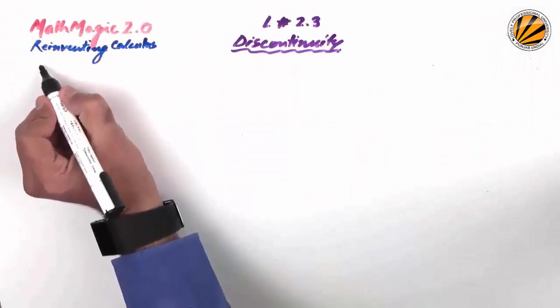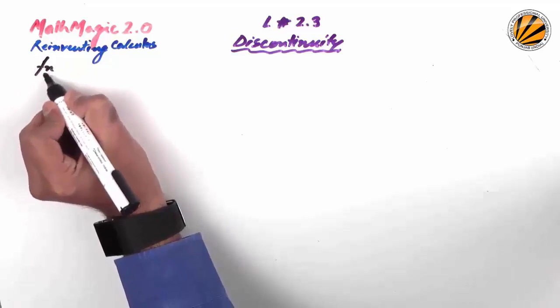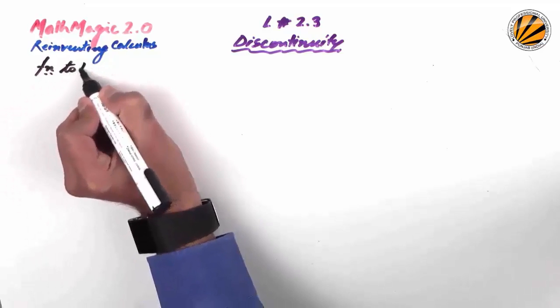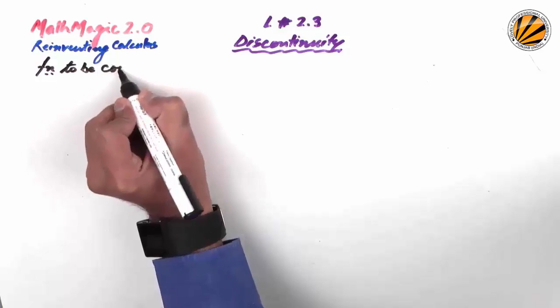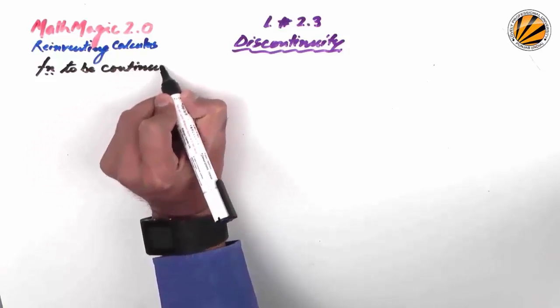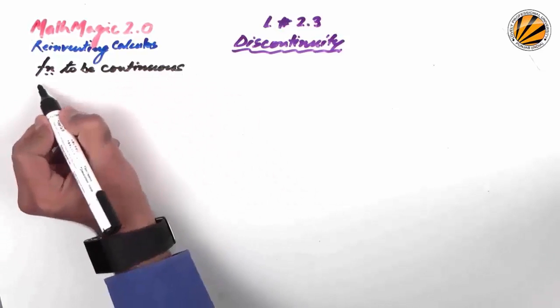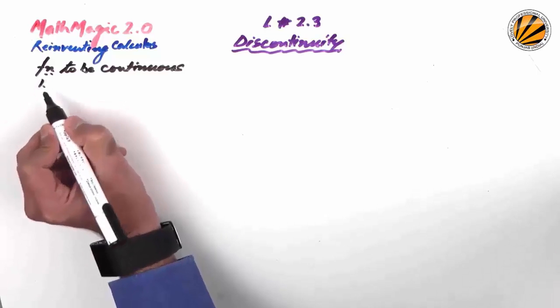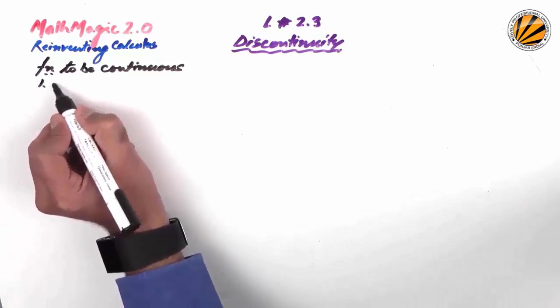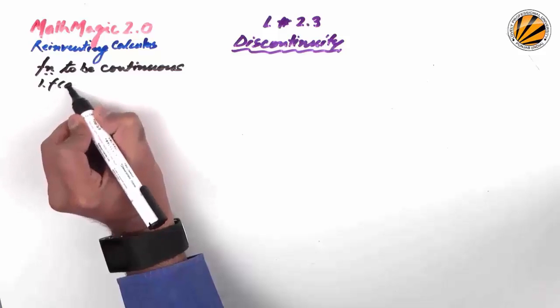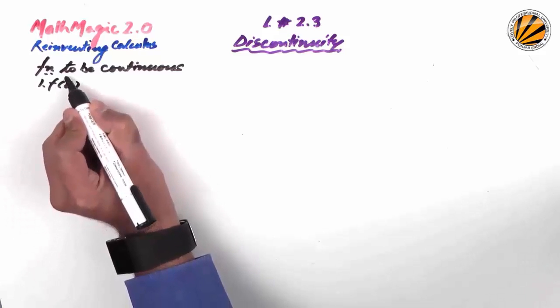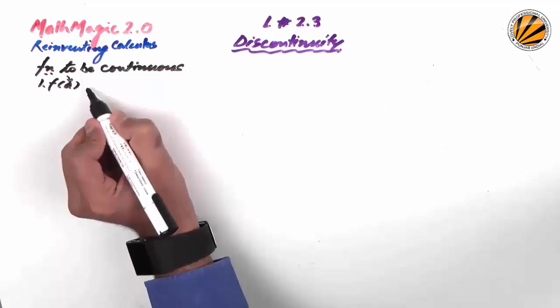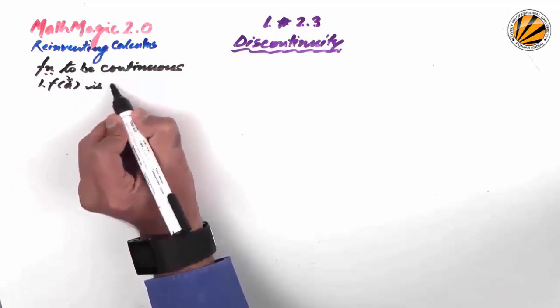So in the previous lecture we said that for a function to be continuous, we need to have three basic things. It should qualify to three basic things. The very first is that the value of the function at input A is defined.